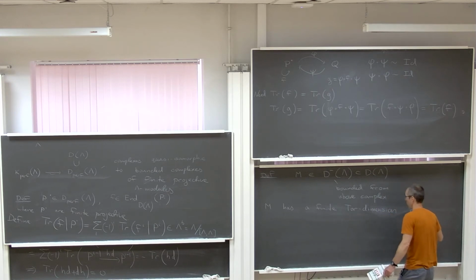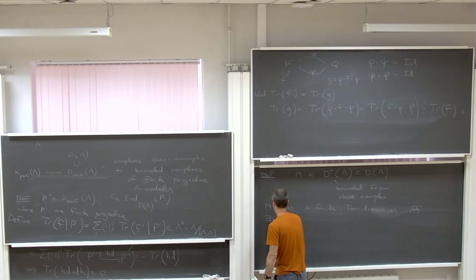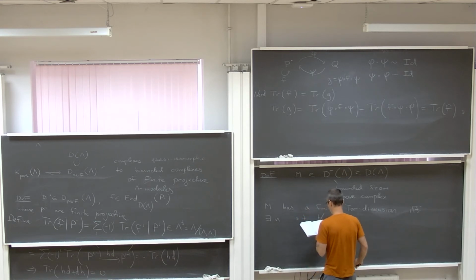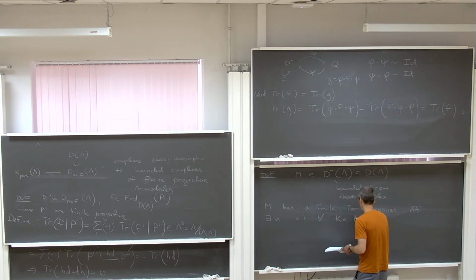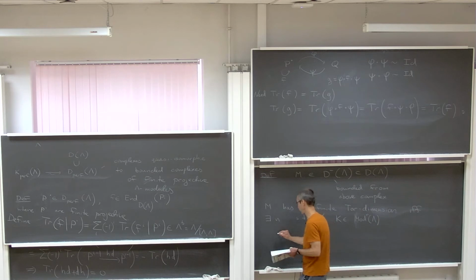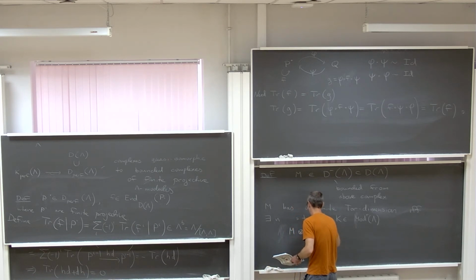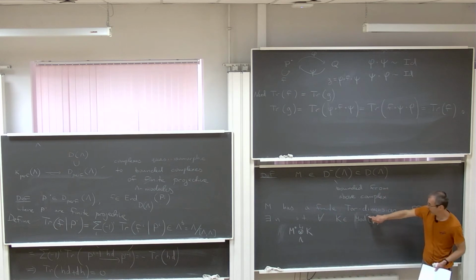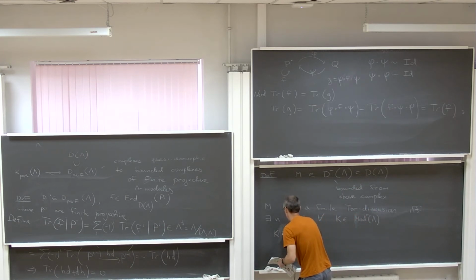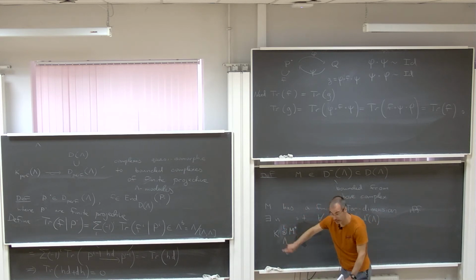if there exists a number n such that for every, say, right lambda module K, the tensor product, if I form the derived tensor product over lambda, K tensor over lambda M, so this is the left module, this is the right, so I can take the tensor product.